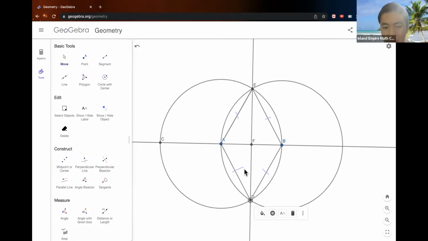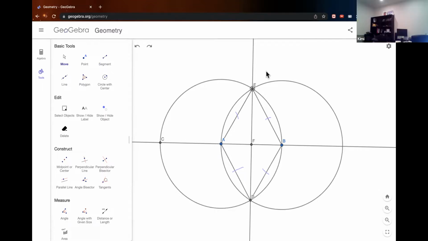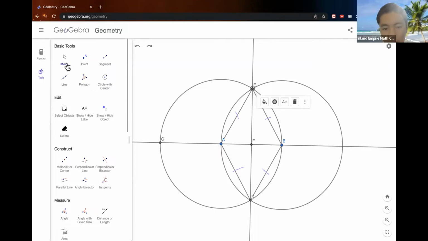And in geometry, congruency just means that they're exactly the same. SSS congruency is basically stating that if two triangles have side lengths that are completely equal, for example, here, AE equals EB, AD equals BD, and ED equals ED, so all three sides are completely equal, then we can deduce that the two triangles are congruent.